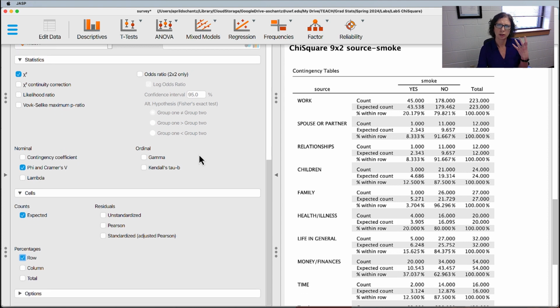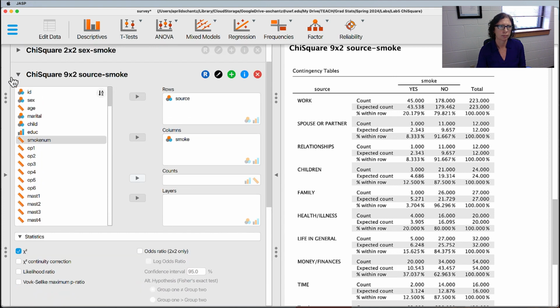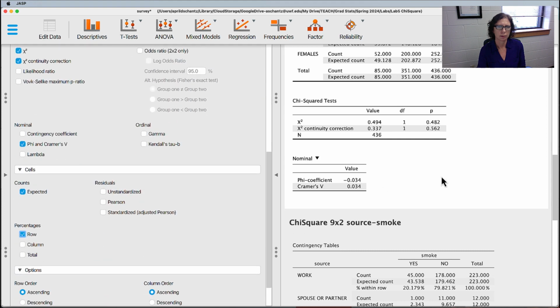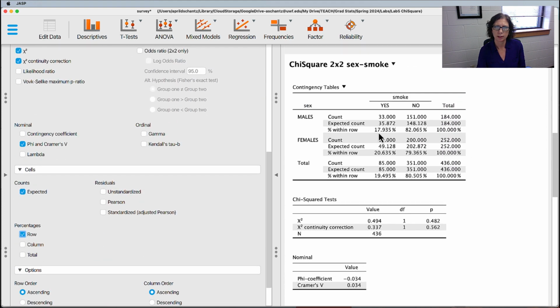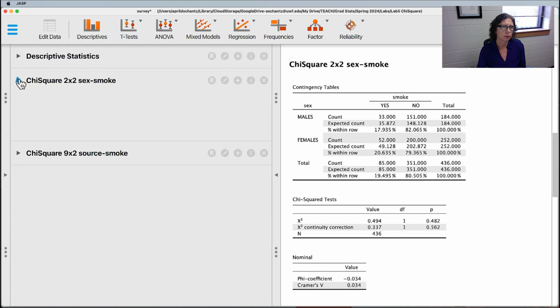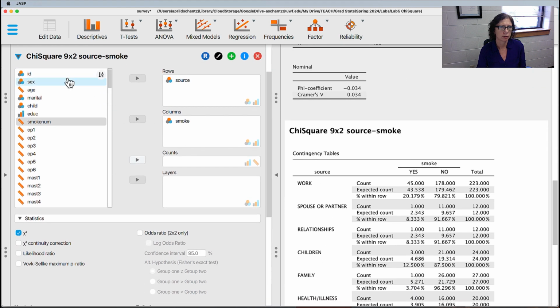The percentages help you explain things to your reader. Go up here. So then we have right there 17.9% of males indicate they smoke, and 82.1% of the males indicate they do not smoke. Cool. I'm going to fold that one back down and just work with our 9 by 2 here.